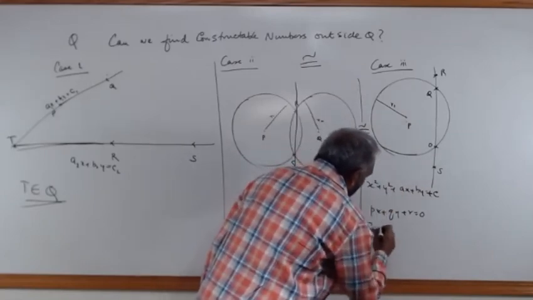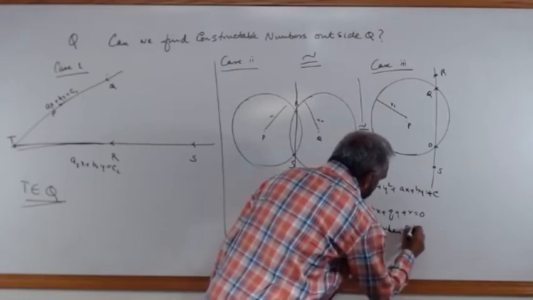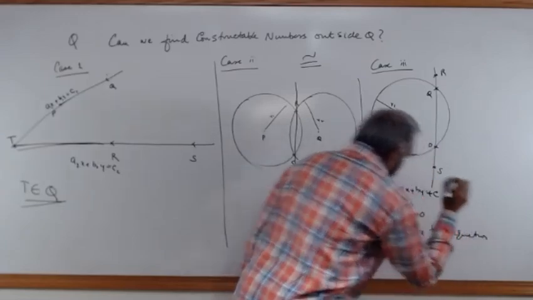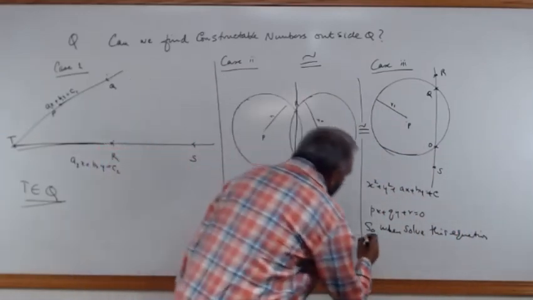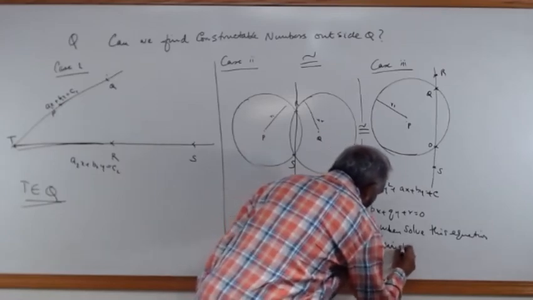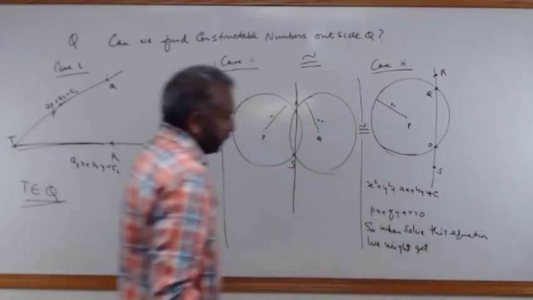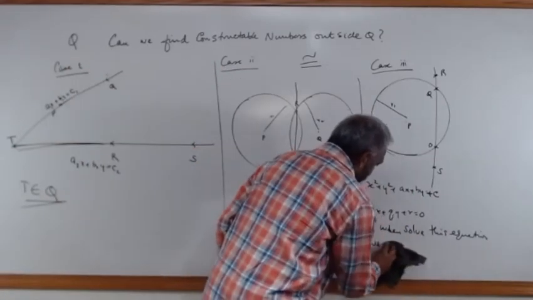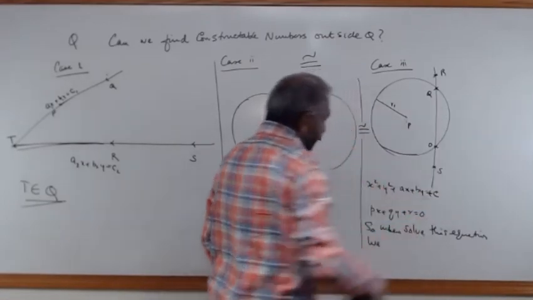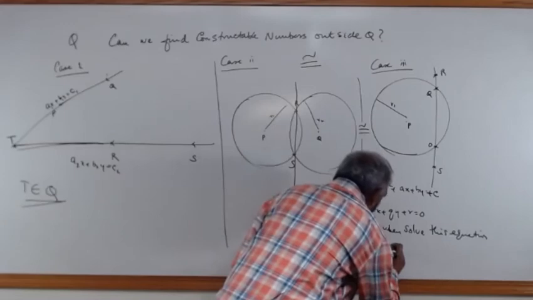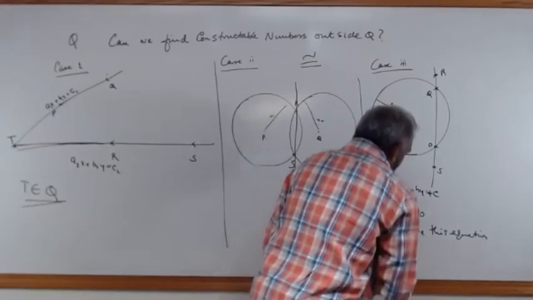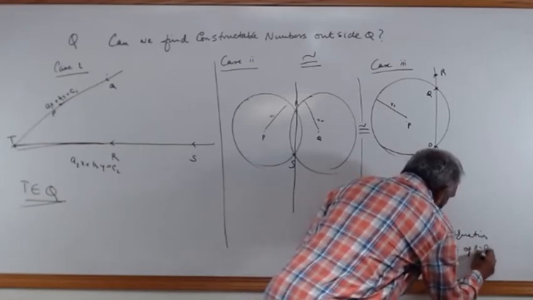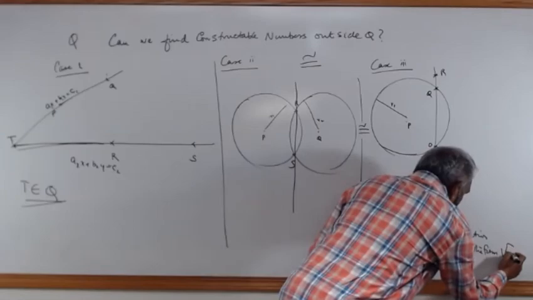So when we solve this equation, we might get, or we can get, depending on the values of radius and this line, numbers of the form root of alpha.